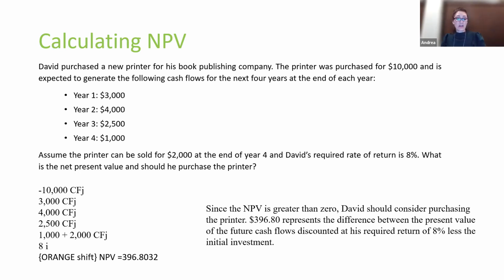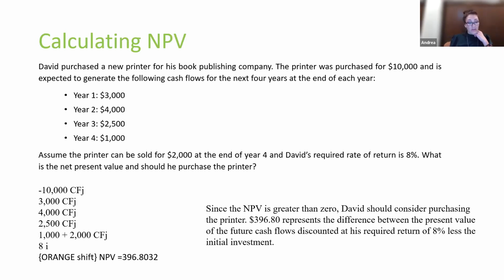All right, so your keystrokes are on the bottom of the left-hand side of the screen. The first output is $10,000. You want to clear out your calculator, and make sure it's set to one payment per year, annually.